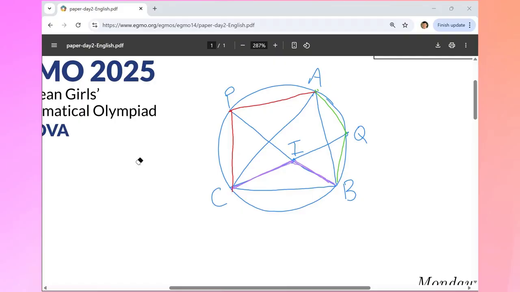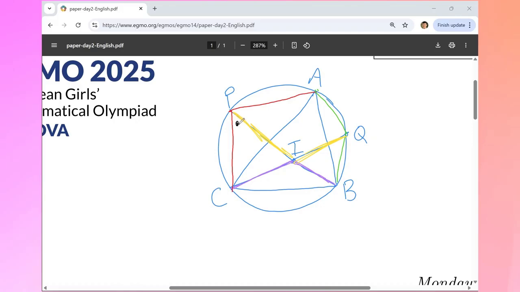Let me try to draw this triangle in yellow. So now we have this multicolored triangle. It's similar to this other multicolored triangle, right? And you can actually prove that now. That's the difference. Can you prove those two triangles are similar?